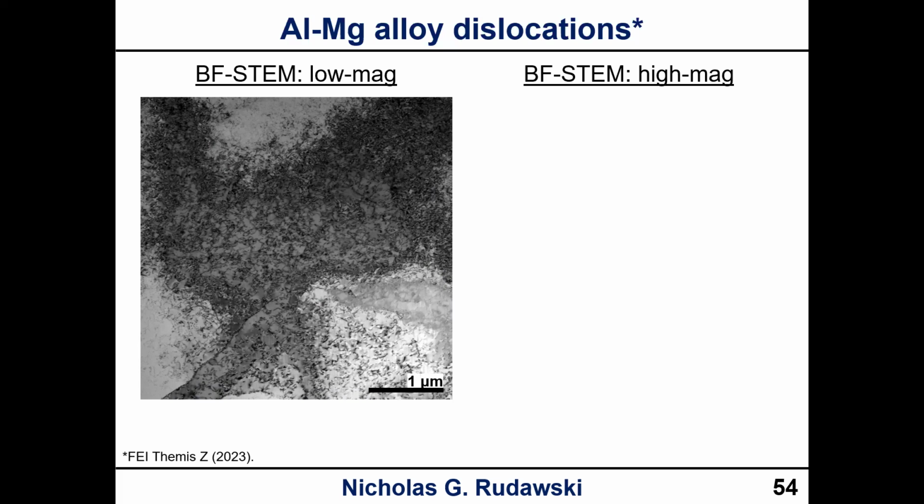What we can actually see is that where I'm closer to a Bragg condition, I have less sharp contrast of my dislocations. Where I'm a little bit more deviated, my contrast becomes a little bit sharper. If we look at this area right down here, we can see this transition really well.